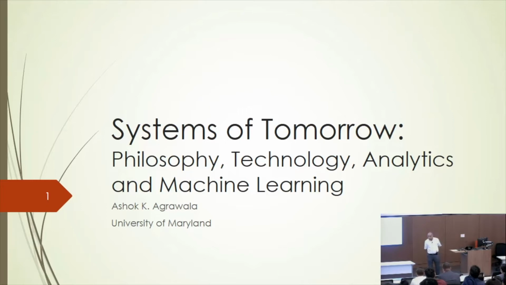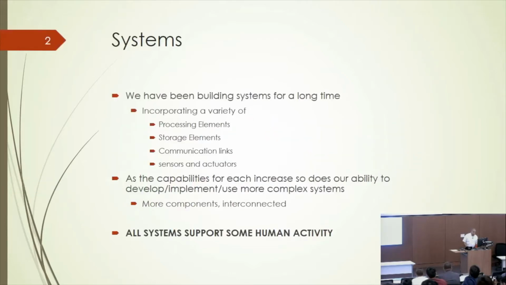If you go to the departmental webpage, my area is listed as systems. But being around for that long a time, I guess I can philosophize a little. So let's do some of that. What is a system? We have been building systems for a very long time. And it typically consists of what?